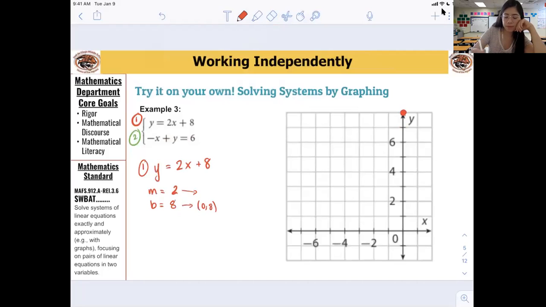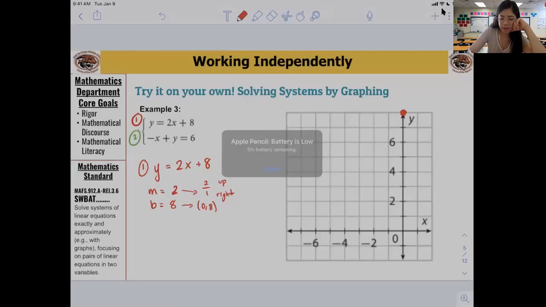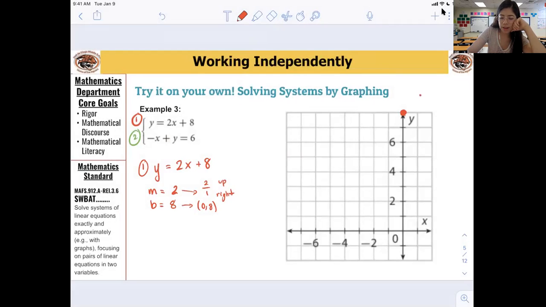Up 2, right 1. Right, so this is telling me to go up 2, right 1. However, that's not going to work out for me, is it? Because if I try to go up 2 and right 1, that's going to be way off the grid. So what can I do instead? Up 1, right 2? Not quite. Start from the bottom. Start from a lower point.